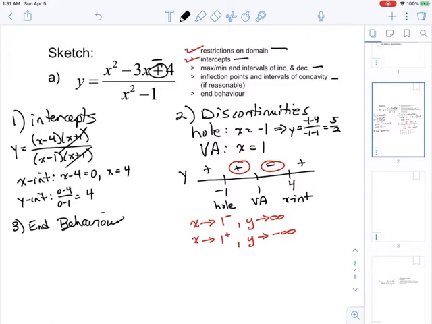Because the degree of the numerator is equal to the degree of the denominator, you should have learned in advanced functions that you just need to look at the leading coefficients. So we have a leading coefficient of 1 here and a leading coefficient of 1 here.